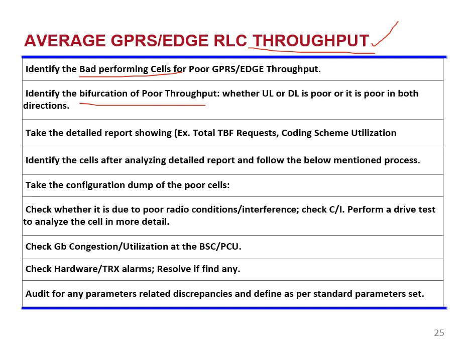After identifying the poor performing cells, in those cells we have to identify whether the uplink is poor or downlink is poor. And of course, like in the earlier case, you have to take the detailed report, the total requests, how many coding scheme utilizations are there, and you have to take the complete configuration dump of the poor cells. You have to verify whether the radio conditions are poor.